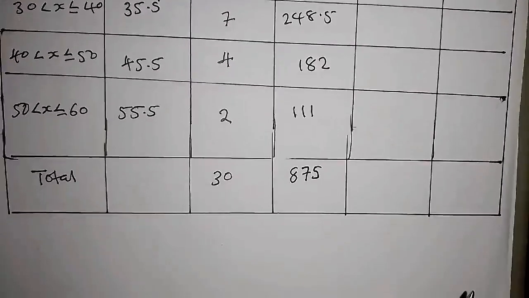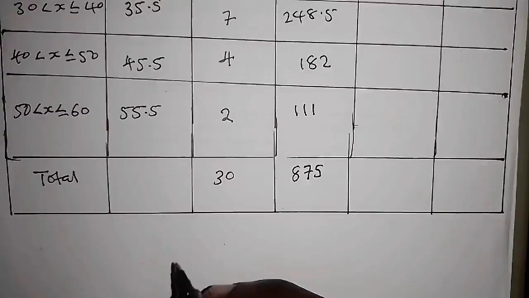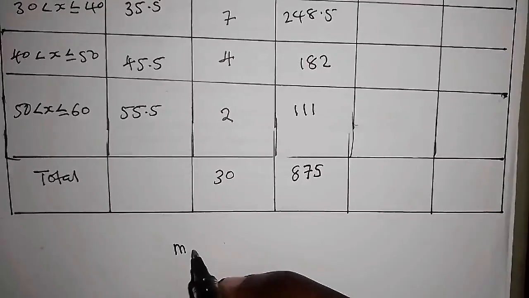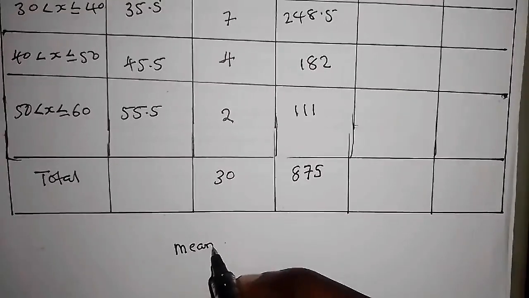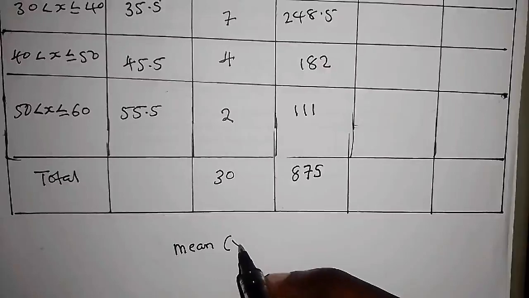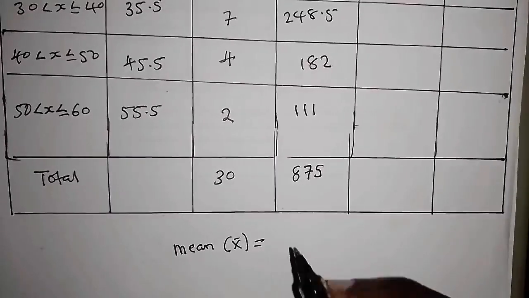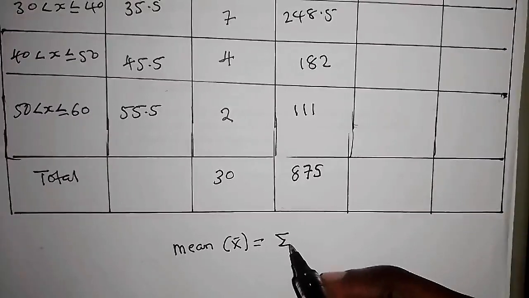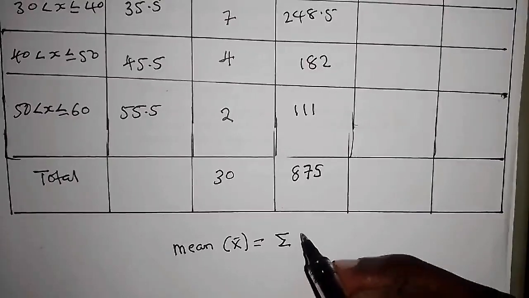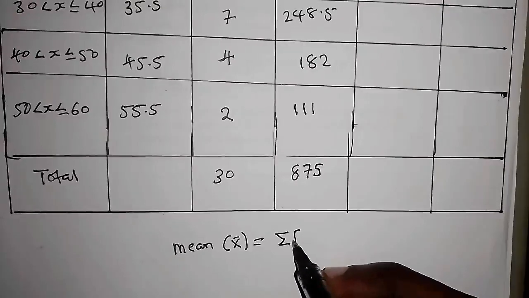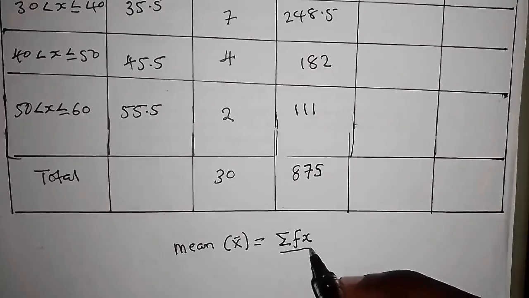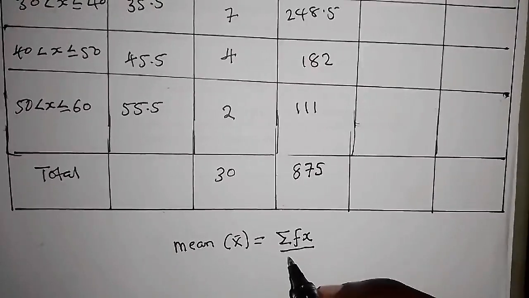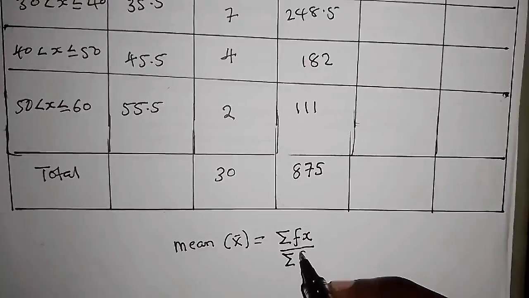So what is going to happen is that our mean, which is just x bar, is just the sum. This symbol is a Greek symbol which means sum in English. So the sum of fx divided by the sum of just f.